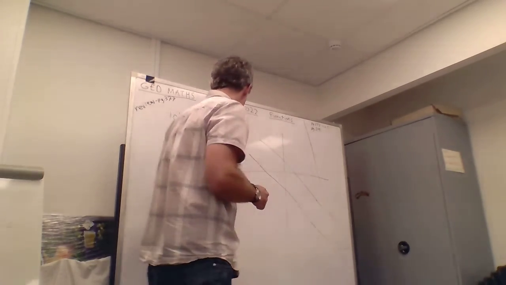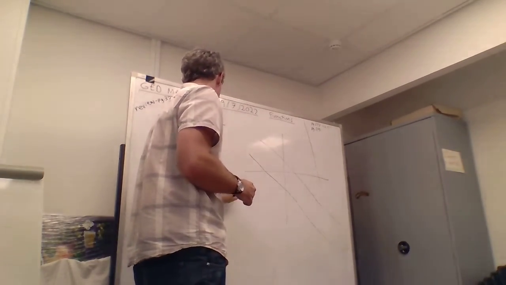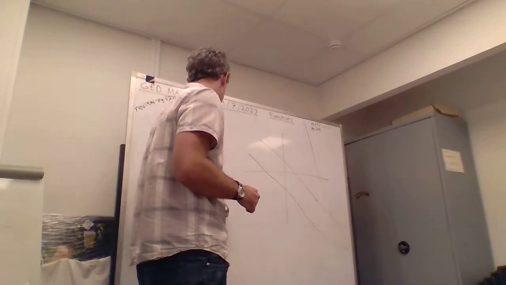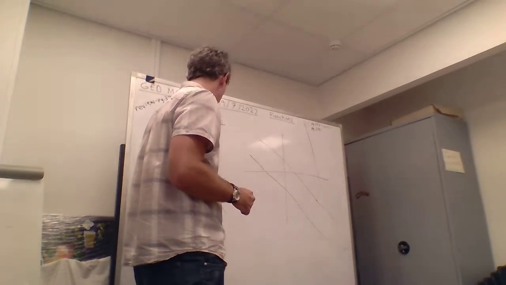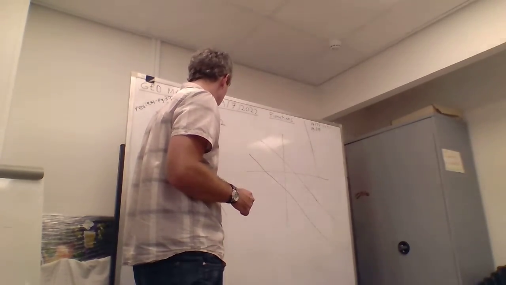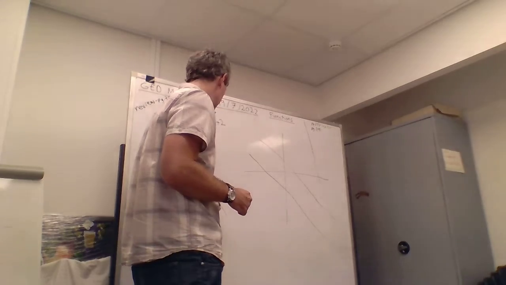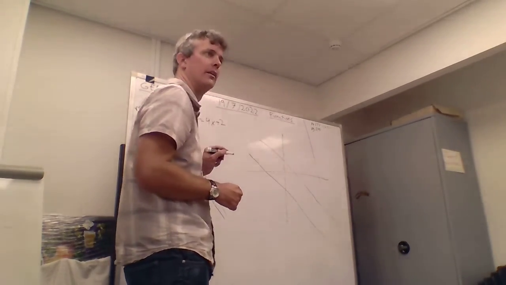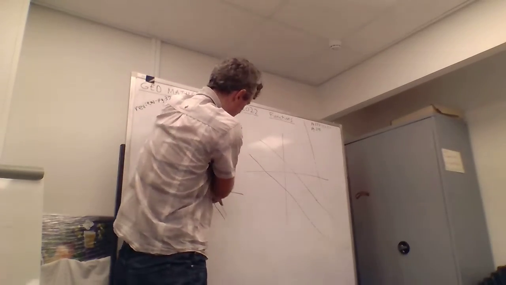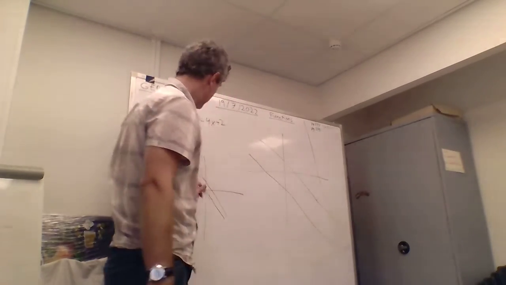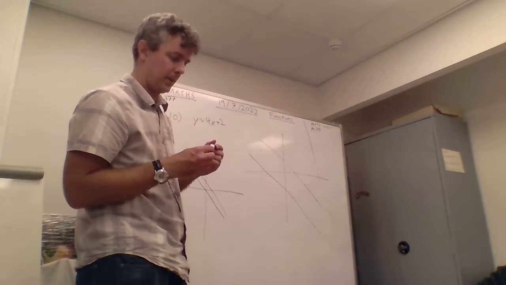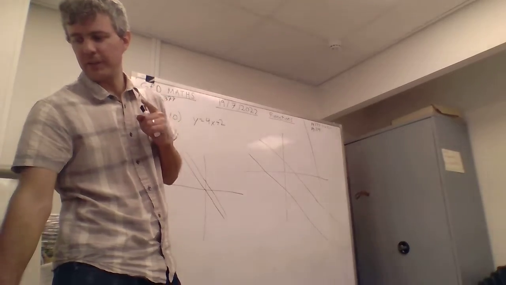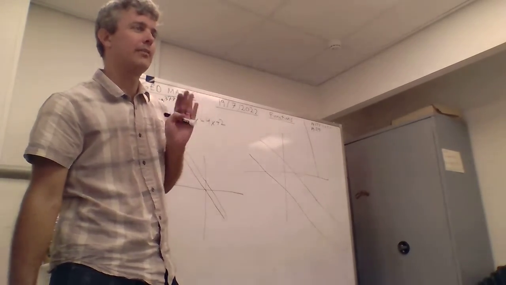For example, it's going down one, over one, and this one's going through 0, and I go down one, over one. It's going the exact same way. They'll never cross because they have the same slope. So what that means for this question, what I want to see is, which one of these equations does not have the same slope?